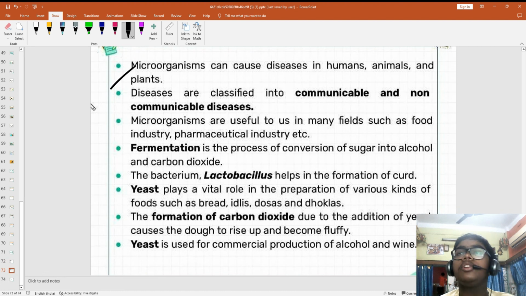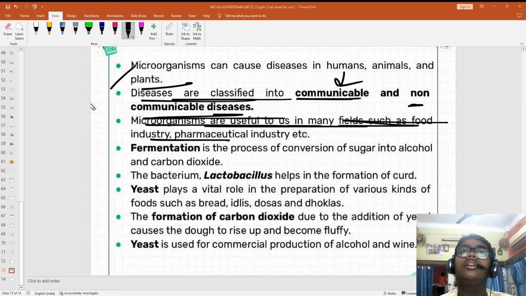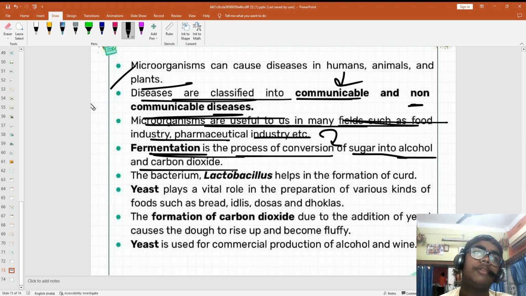Microorganisms cause disease in humans, animals and plants. Diseases are classified into communicable, which can spread from one person to another, and non-communicable, which cannot spread from one infected person to another. Microorganisms are useful in many fields such as the food industry, pharmaceutical industry, etc. Fermentation is the process of conversion of sugar into alcohol and carbon dioxide.